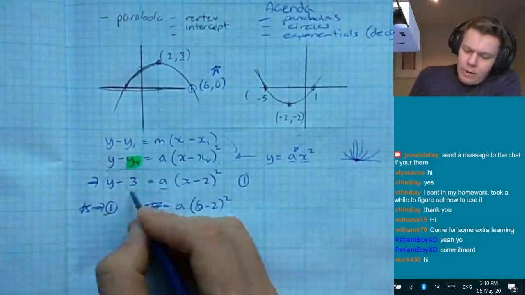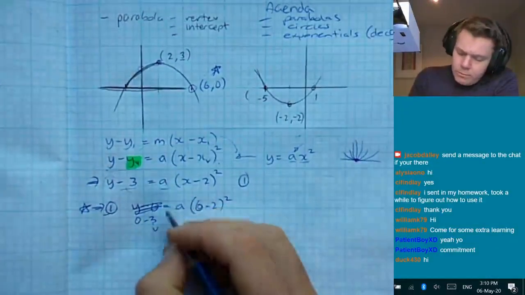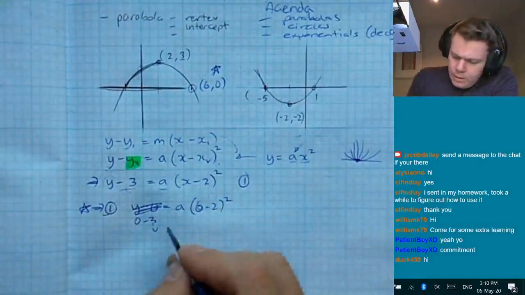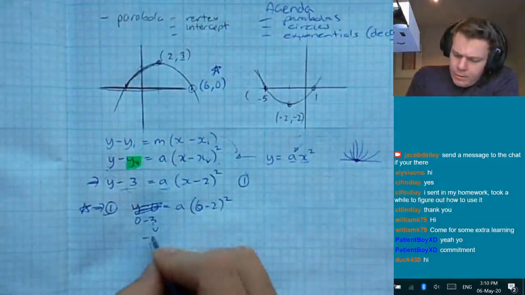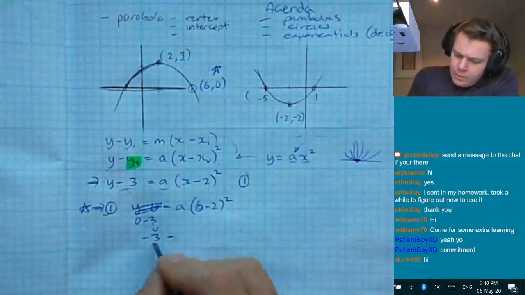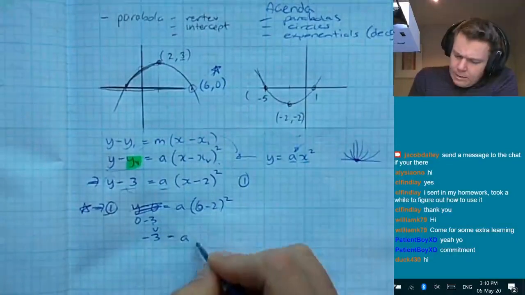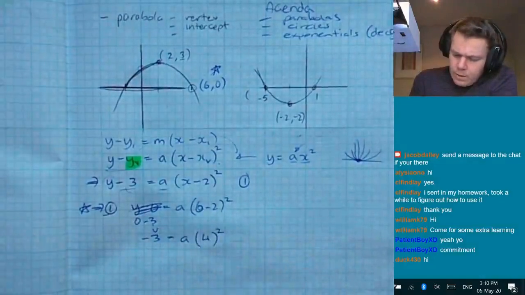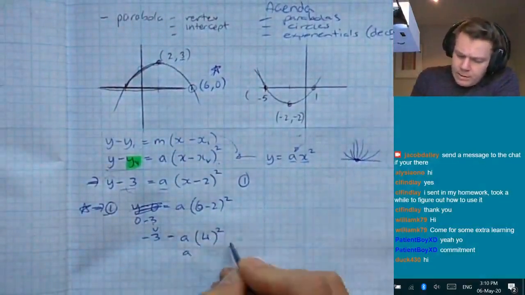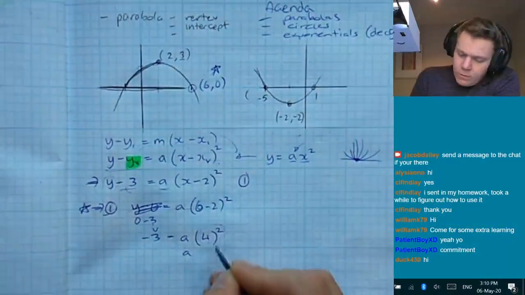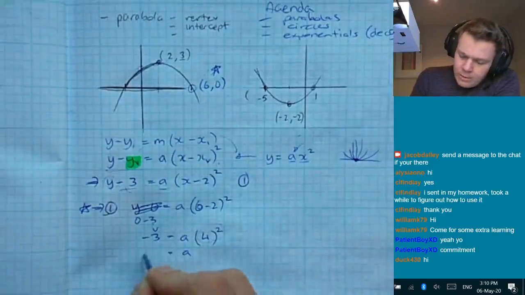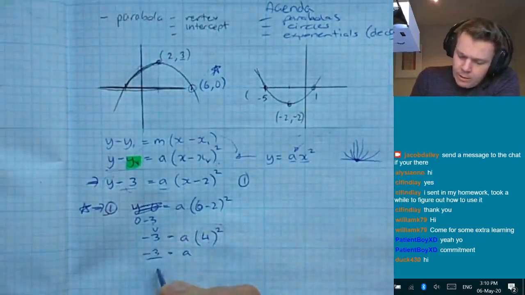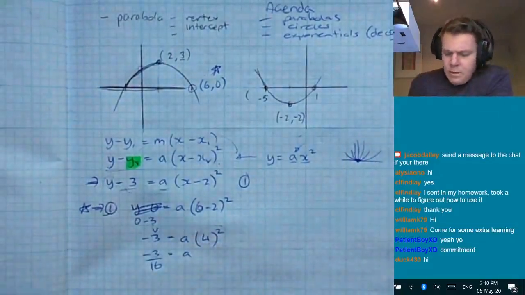And we've still got that minus 3 because that's part of the equation. So if I simplify that a little bit, negative 3 equals a times 4 squared. So our shape factor, 4 squared is 16. We'll bring that to the other side. We're going to get negative 3 over 16.